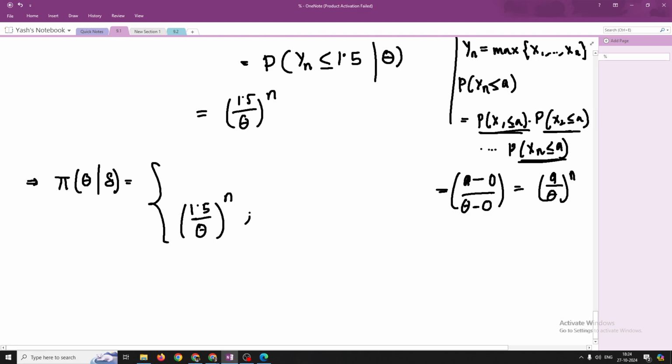But this is if theta is greater than or equal to 1.5. If it is less than 1.5, then this probability would just be 0. Wait, would it be 0?